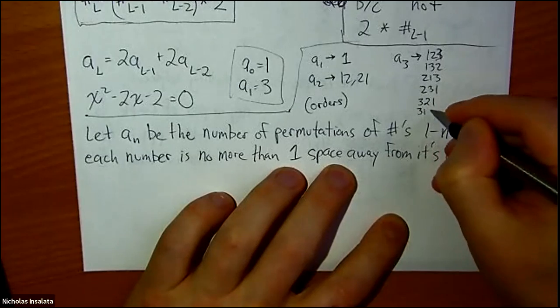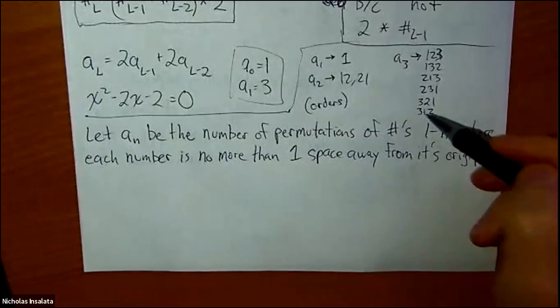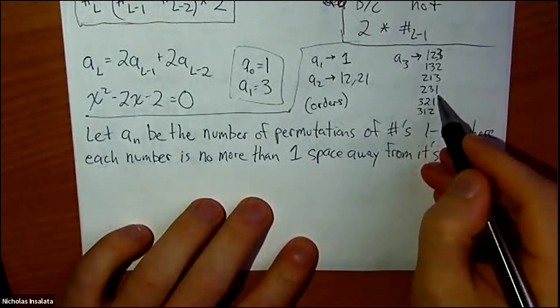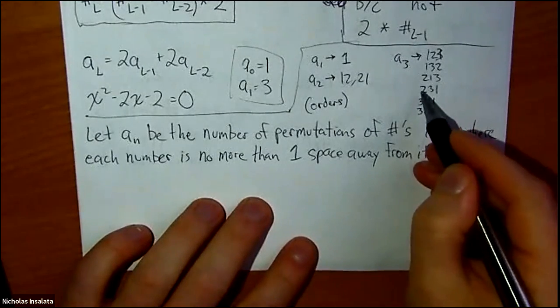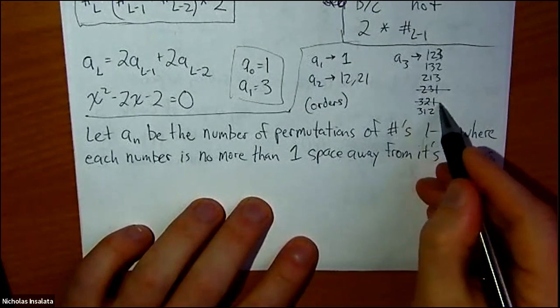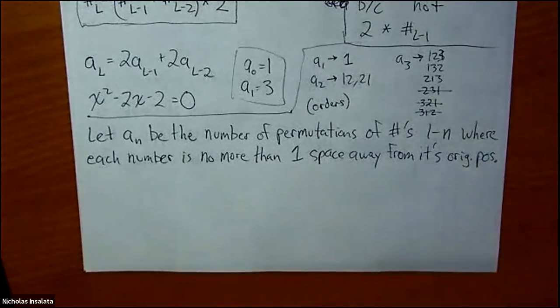Which of these are going to be excluded? The last 3, right? In the first, the 1 is moved 2 spots from its original position, so that's not allowed. And in both of the others, the 3 is moved 2 spots from its original position, all the way down to the front, so we wouldn't be able to use those. Okay, cool.